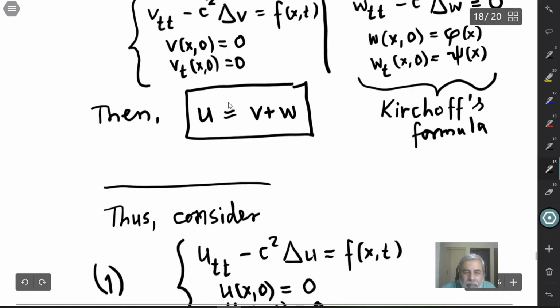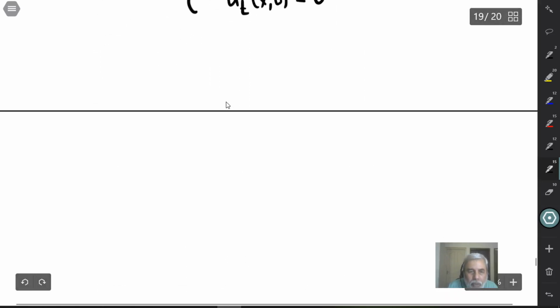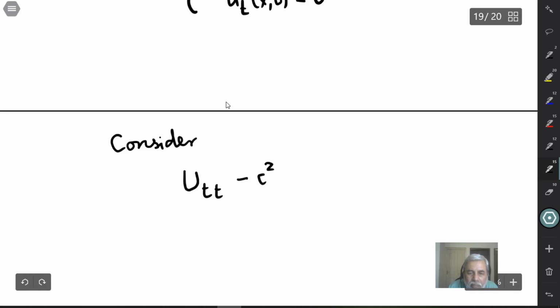So this is the related IVP. Consider this, let me use a different notation: u_tt minus c squared Laplacian u is 0, the homogeneous wave equation, where x is in R^n, not t positive but t bigger than s.